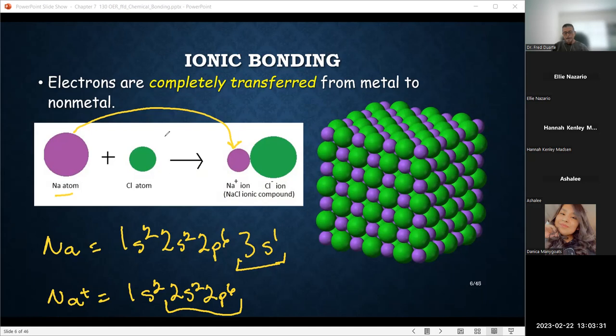Now, with respect to the chlorine atom, it has room for one electron. I'm looking at the valence shell right now, 3s2, 3p5. I'm not going to give the whole electron configuration. So the chlorine atom has room for one electron, okay? And when that happens, it becomes 3s2, 3p6.